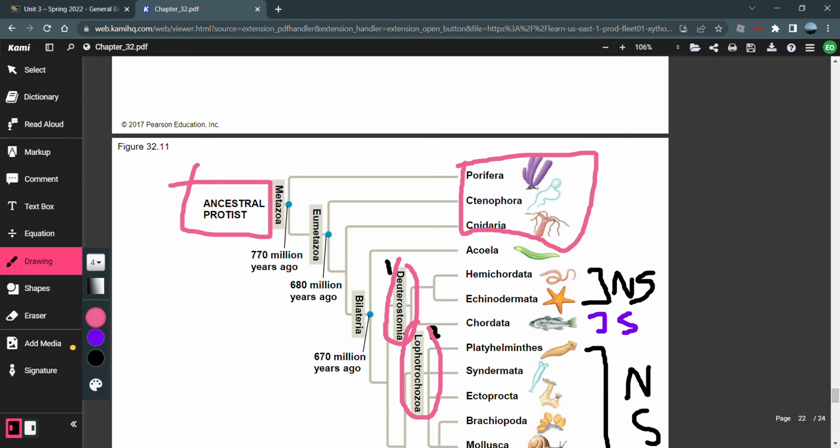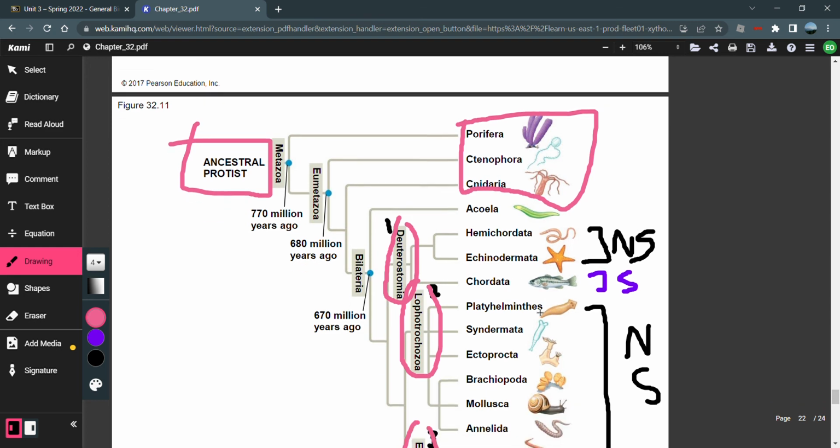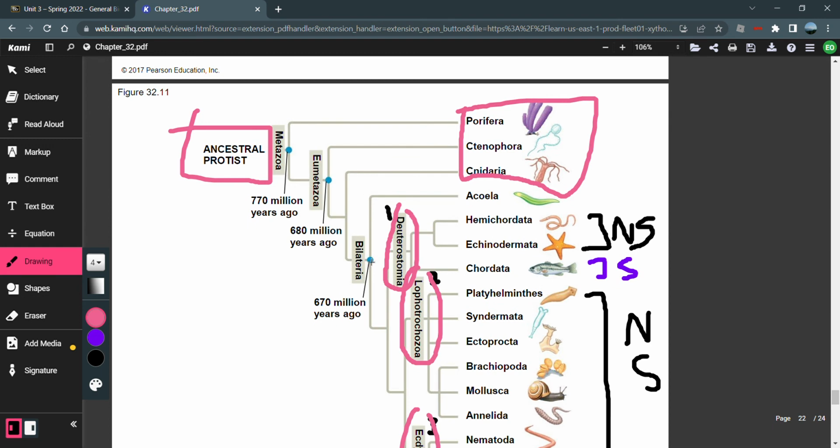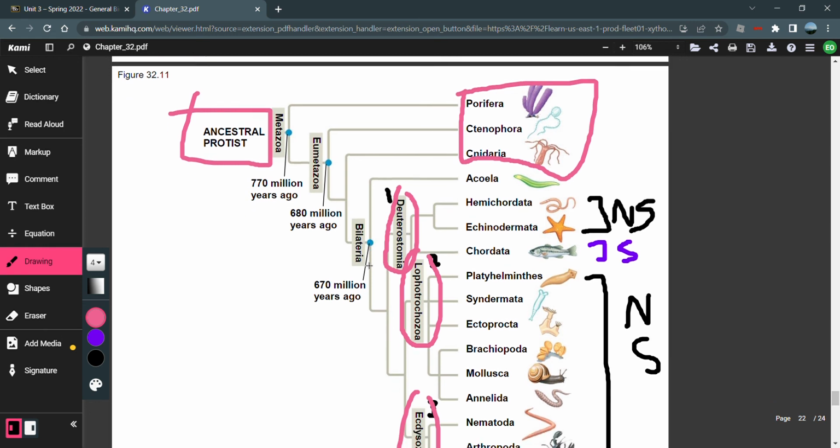And I think these guys, Echinodermata, don't have symmetry either. I wonder if they don't. I think they don't, but they do fall under the Bilateria. That's a good question. I'm going to look at that later.